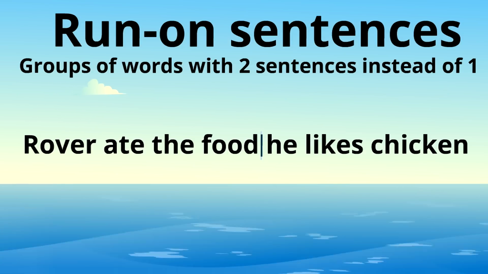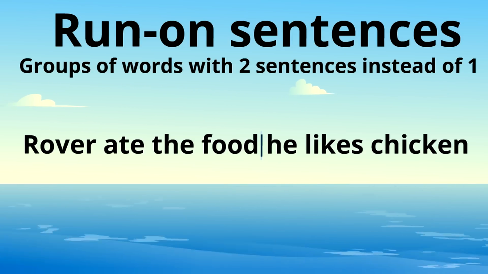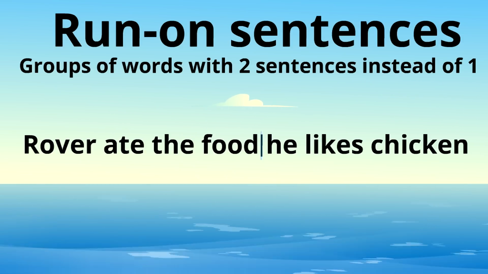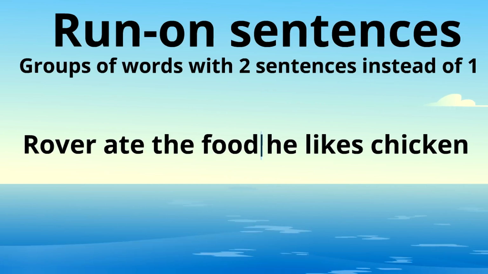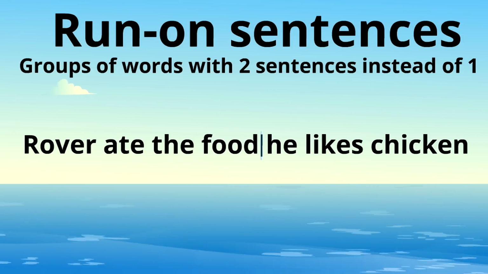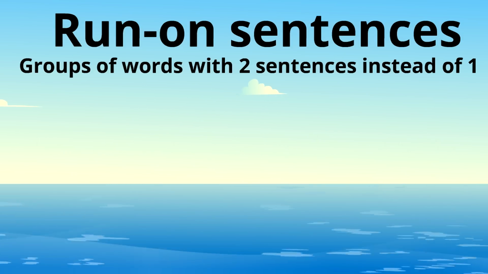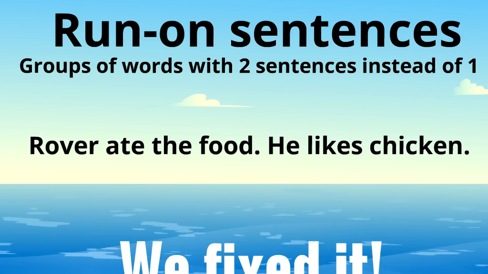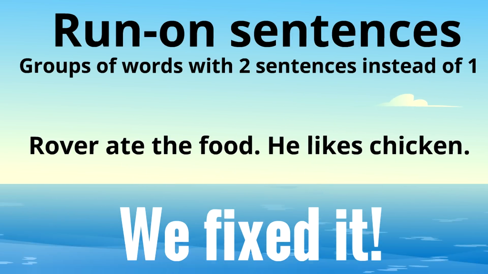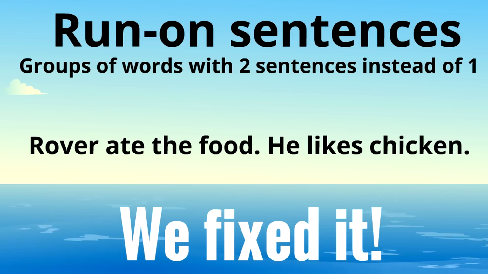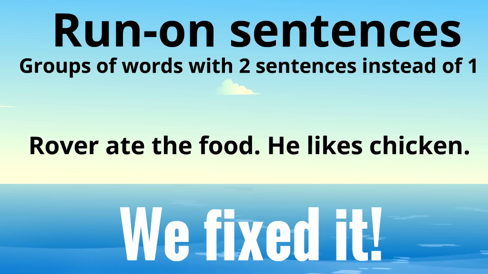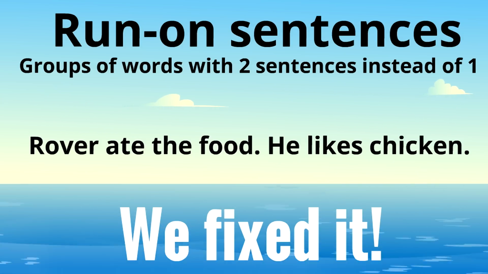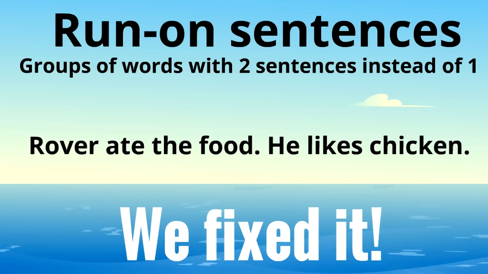Yeah, right after the word food. We need to split up this run-on sentence right at this spot. We fixed it! So here are our two new sentences. Rover ate the food. He likes chicken. Notice each sentence begins with a capital letter and ends with a period.